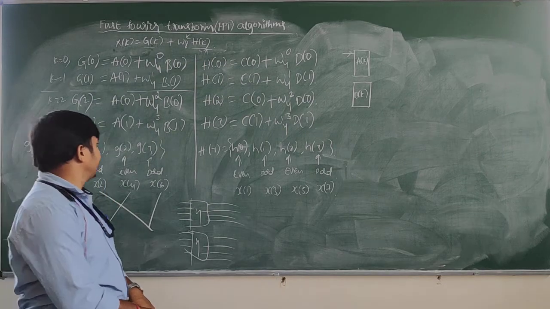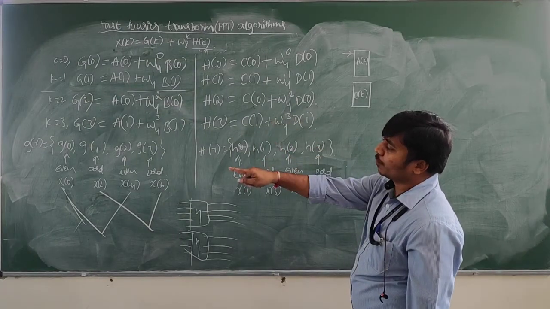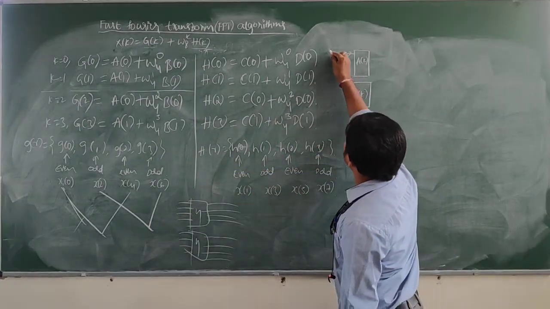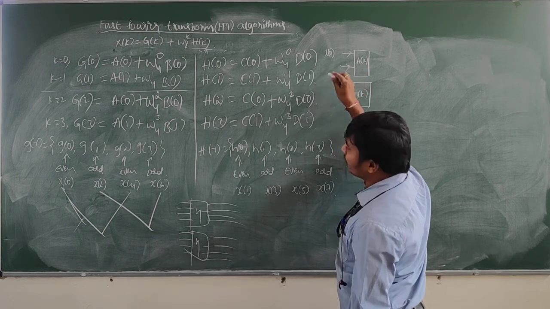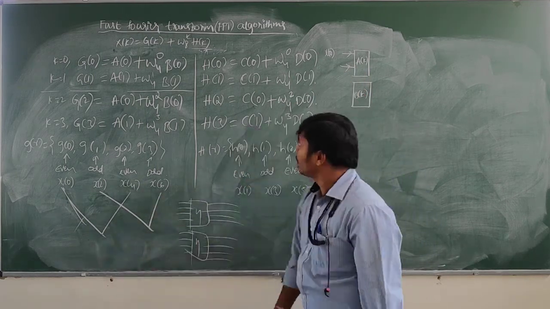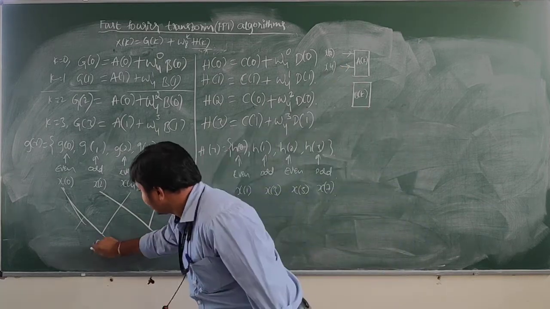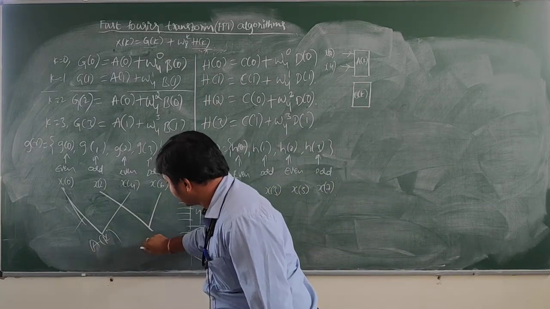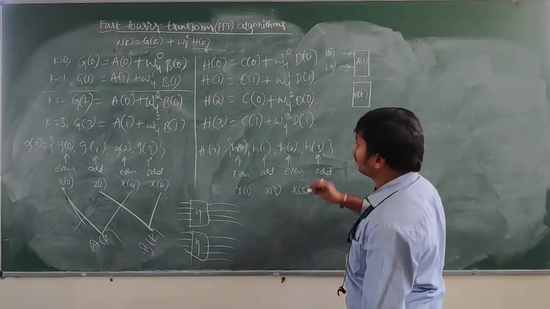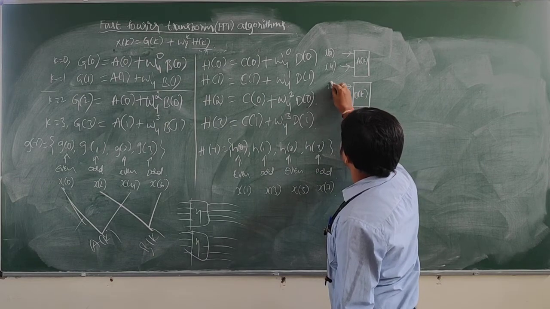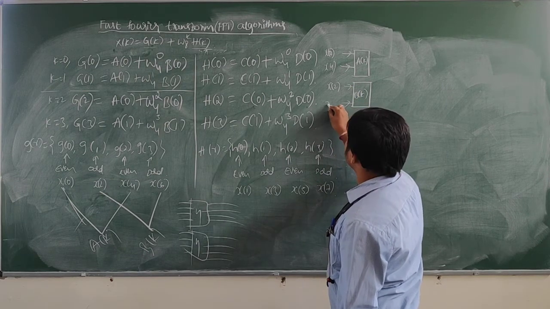What are the even inputs? I have g of 0 and g of 2. Corresponding inputs are x of 0 and x of 4. So here we get x of 0. Here I get x of 4. These are for A of k, and this is for B of k. For B of k, what are the inputs? x of 2 and x of 6.